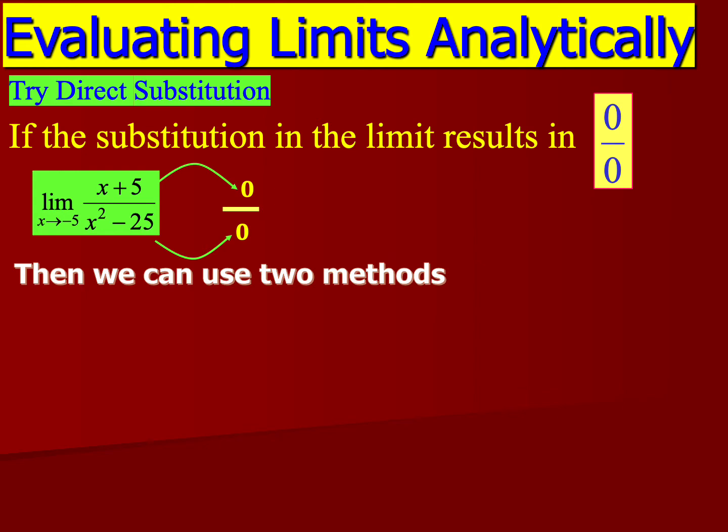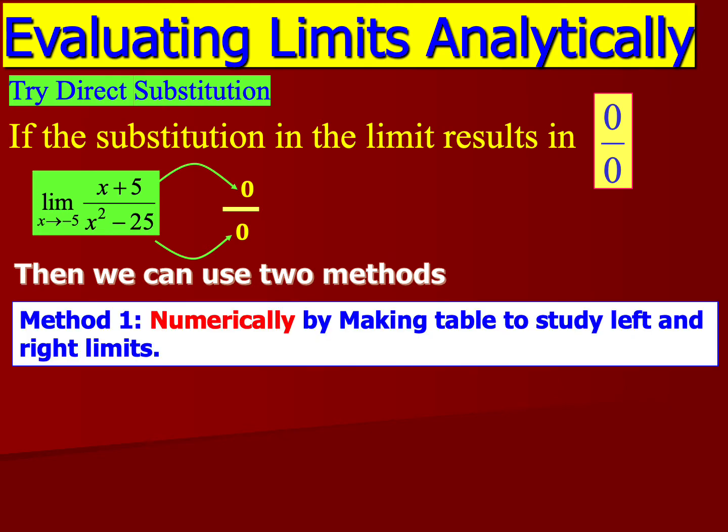The first method is called numerically, as we explained before, which was to make a table and study the behavior from the left and from the right. We see what the behavior of the function is when x goes to -5 from the left and from the right, and if they are equal, the limit exists.